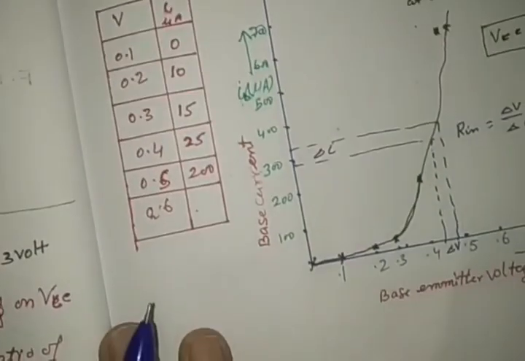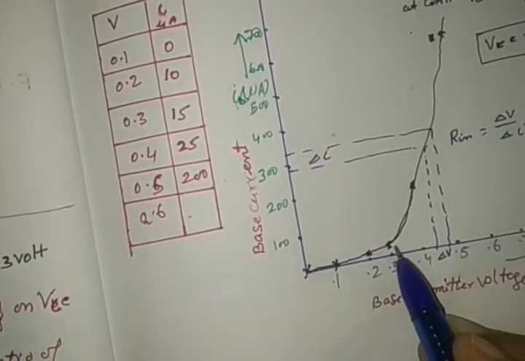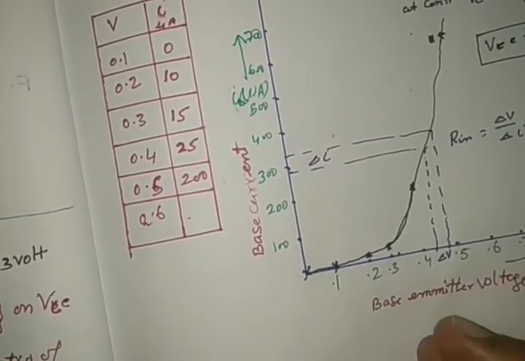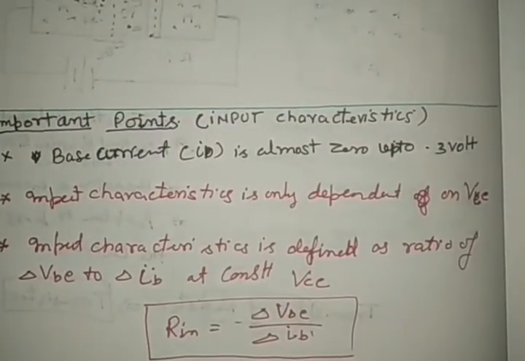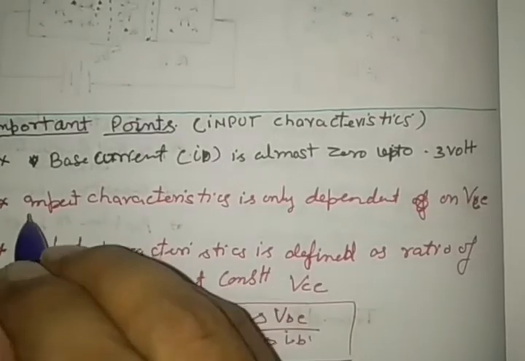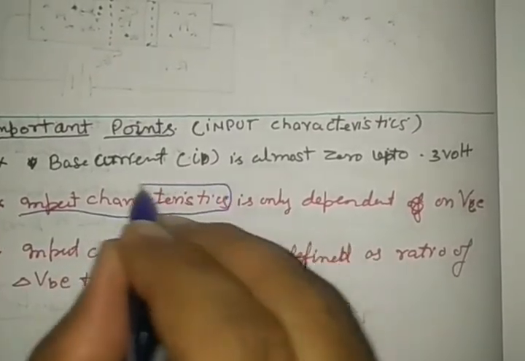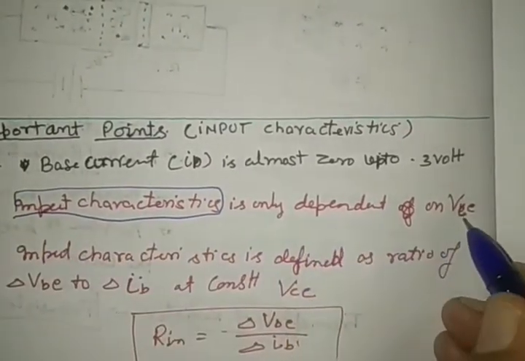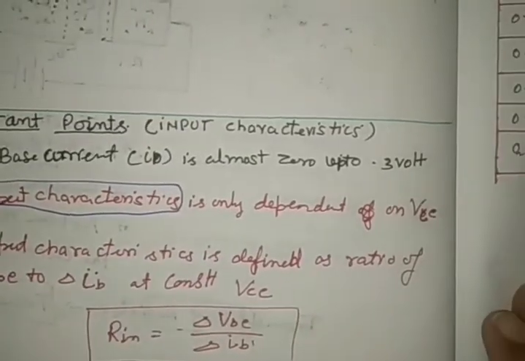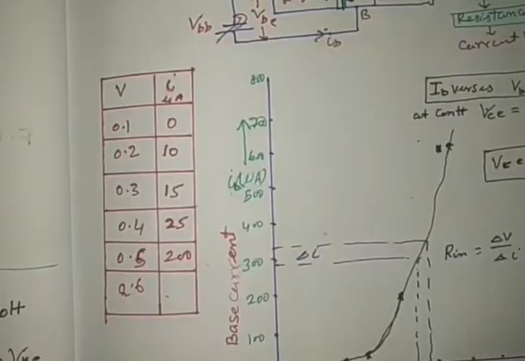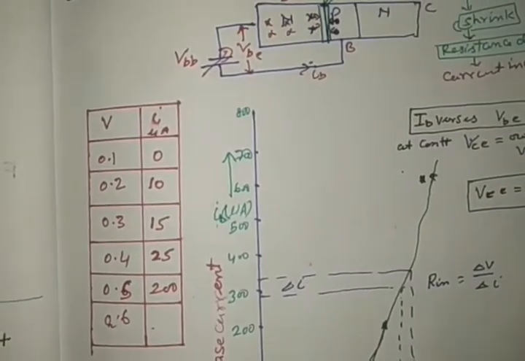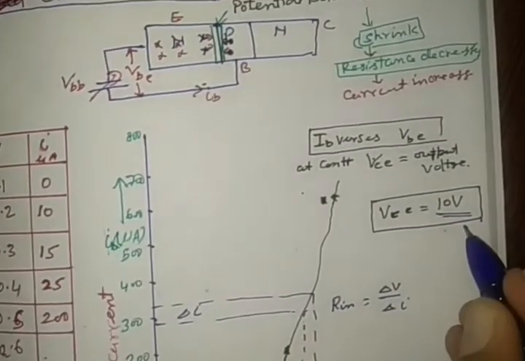It can be seen here in the diagram. Second point, this input resistance, called the input characteristic, depends only slightly on VCE, because this graph is obtained at 10 volt.